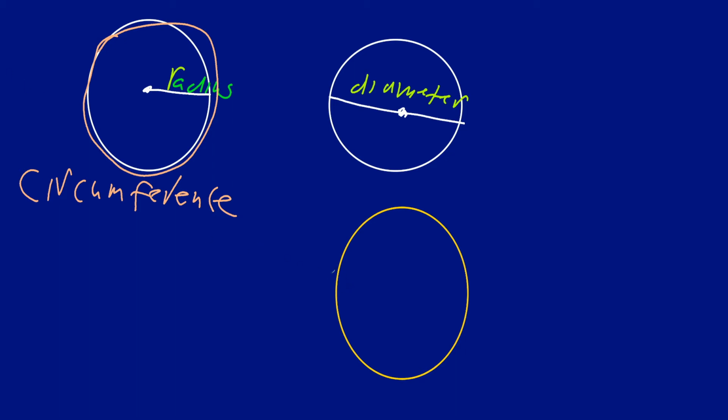Let's just say I changed the color of my circle. It doesn't matter. I just go from here to here. This would be an example of a chord. It's touching 2 points on the circle, but it's inside the circle, and it's not necessarily going through the center. If it goes through the center, now it's called the diameter. But if it's off to the side like that, it's called a chord. So this is a chord right here.